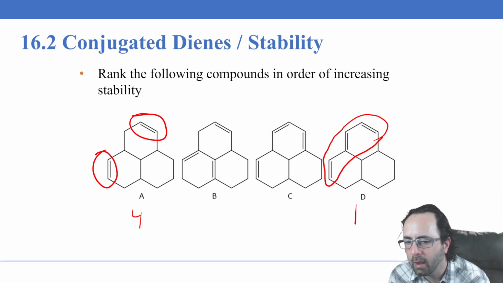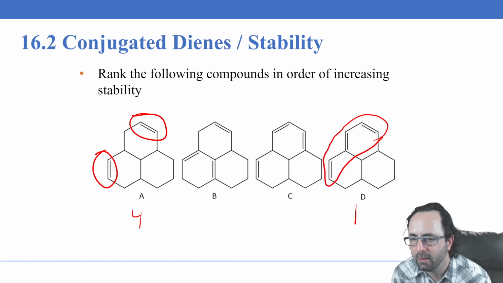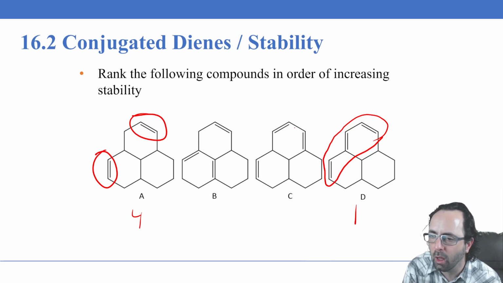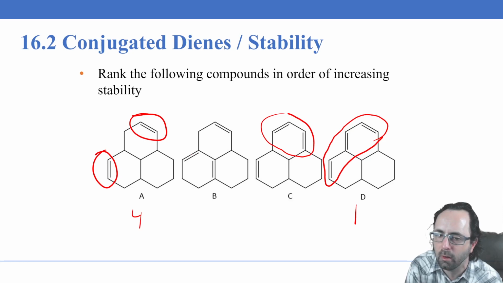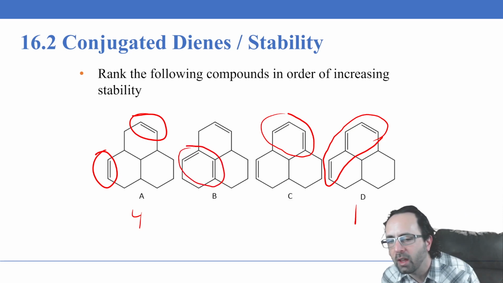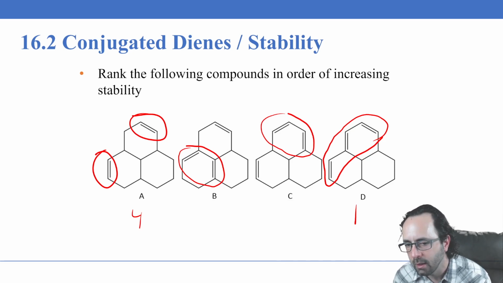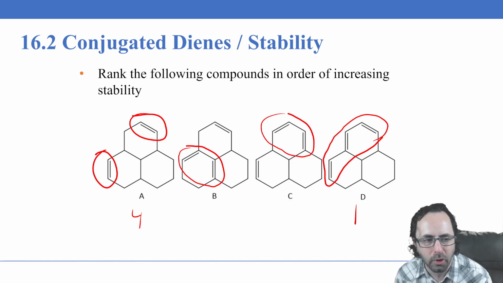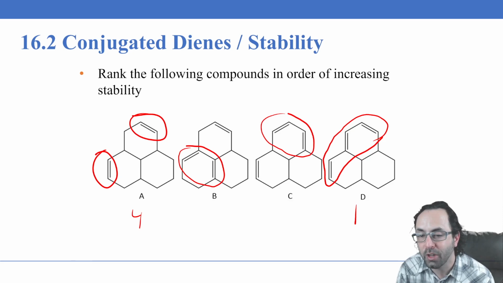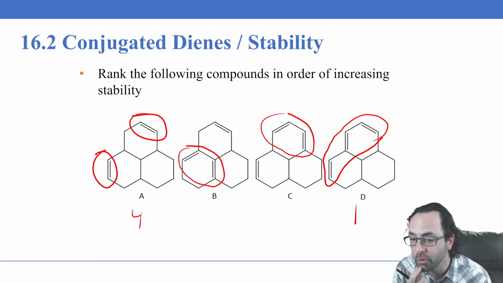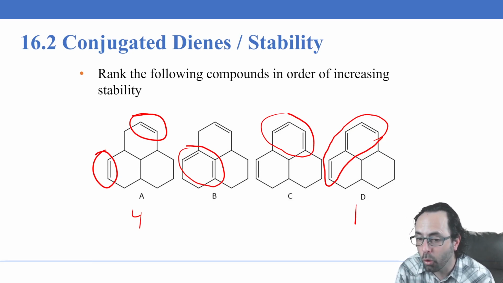And then lastly, we have to decide between B and C here. So with B and C, we're going to have to not only compare the conjugation. Here we have conjugation across 4 carbons, and here we have conjugation across 4 carbons. But we should also think about how substituted these double bonds are. Because remember, from our old chapter 8, from Chem 212, we said that the more substituted double bonds are more stable.